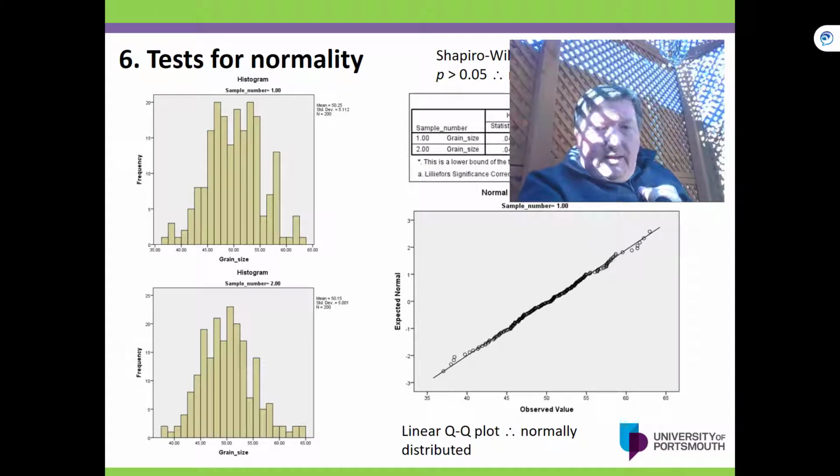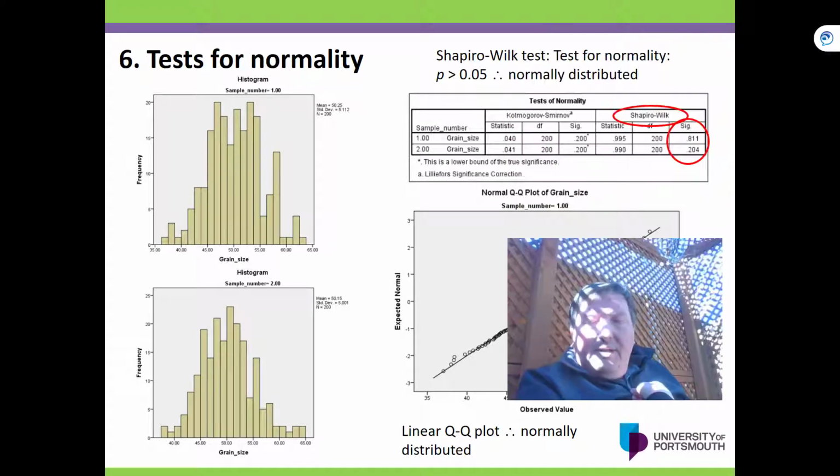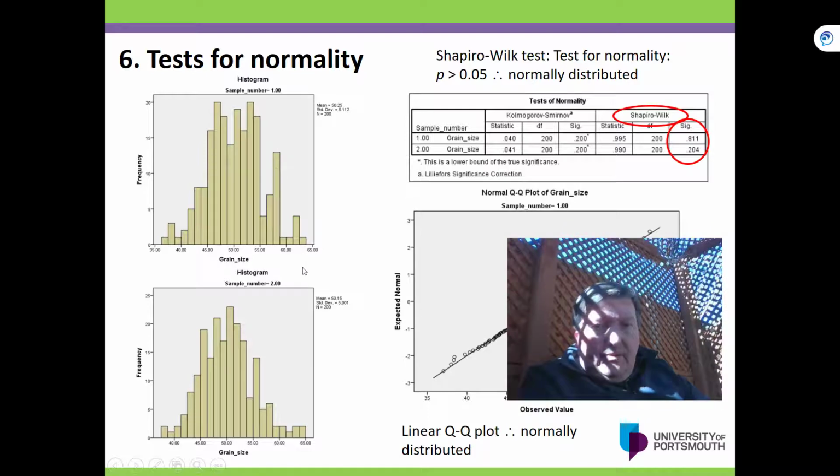Well, just judging it by eye, is that good enough? What we can do here is a statistical test. In SPSS, we can do what's known as a Shapiro-Wilk test. When you run this, you run it on each distribution, so we can run it on the top one and on the bottom one.